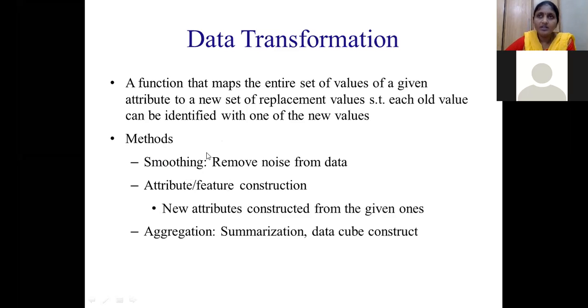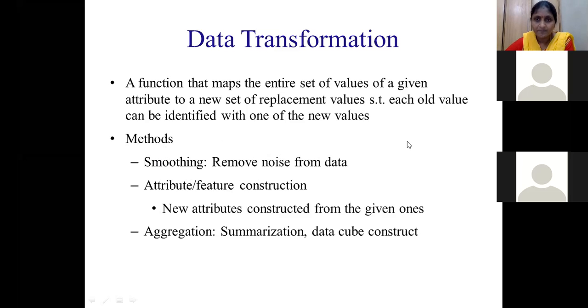We take the different bins from whatever data we have available. Smoothing by bin means, smoothing by bin boundaries, smoothing by bin median. Like that we have studied a number of methods. Again we will use those same methods for removing the noise from the data when performing the transformation also.